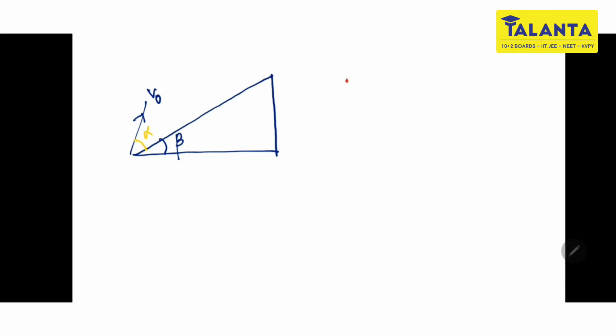So here, g is acting at an angle of beta. Along this, the component is g cos beta. Along this, the component is g sin beta.